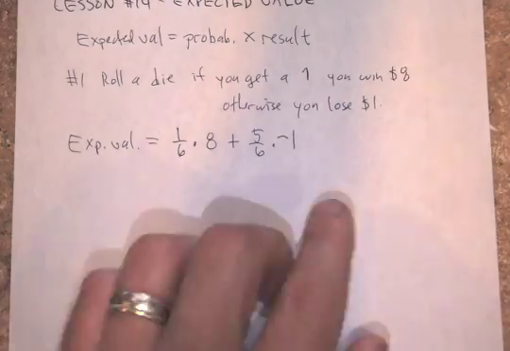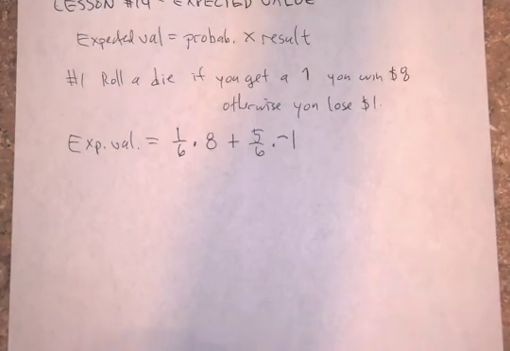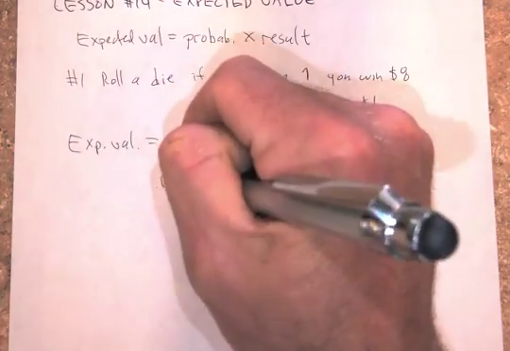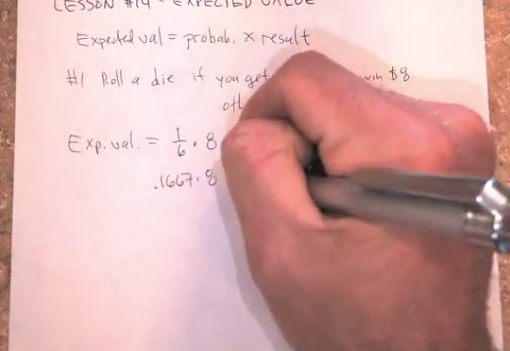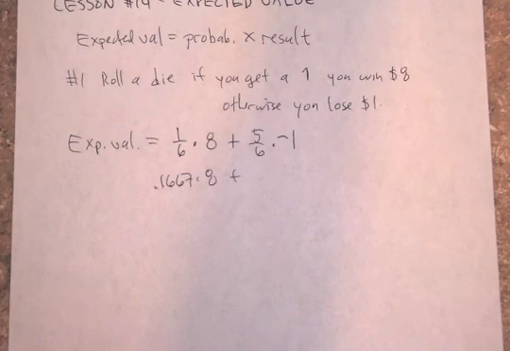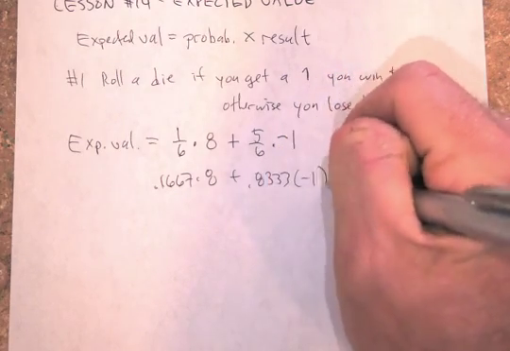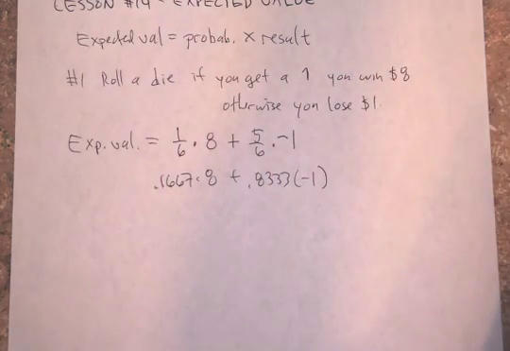So 1/6, 1 divided by 6 is 0.1667 times 8, and then 5 out of 6. You got about an 83% chance, 0.8333 times -1, and then we're going to multiply that all out.